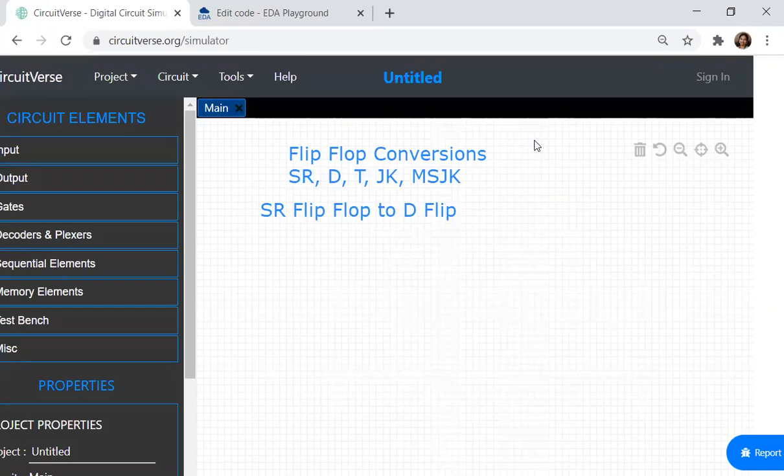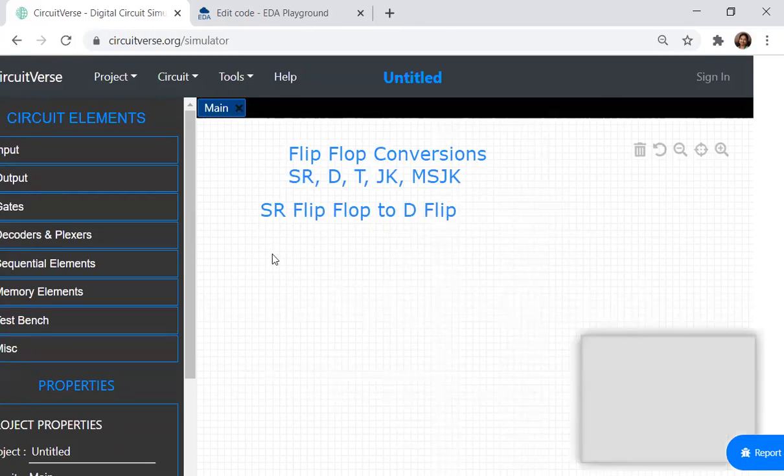So, SR flip-flop will act as the output, D flip-flop will act as the input. So, now we have D. If D is the input, along with D I'll have one more input, which is nothing but Q. SR flip-flop to D flip-flop means D should be the input, SR should be the output.